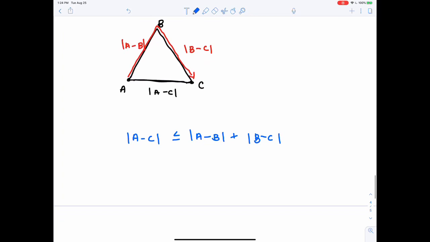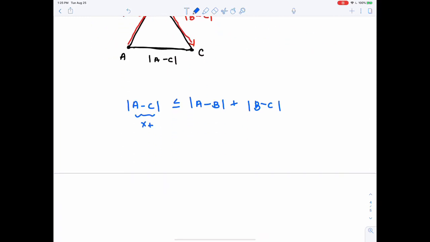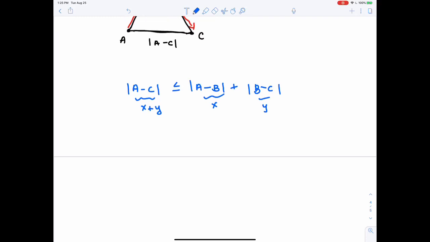And if you think about what this is saying, in terms of how this fits in with the original way that the expression for the triangle inequality is represented, A minus C is kind of playing the role of X plus Y, this is our X, and this is our Y. So in this case, X is really A minus B, and then Y is really B minus C. And then we're just splitting it apart.